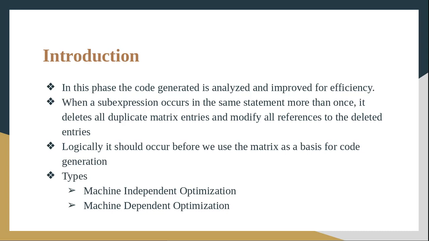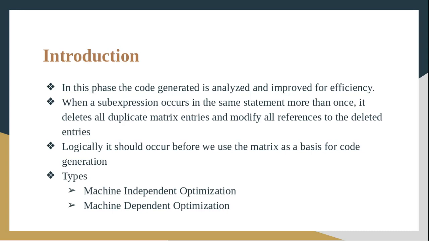So we eliminate the duplicate entries and maintain only one sub-expression. Once we delete the duplicates, we modify the matrix entries so that wherever we used the duplicate sub-expression, they point to the one common sub-expression.